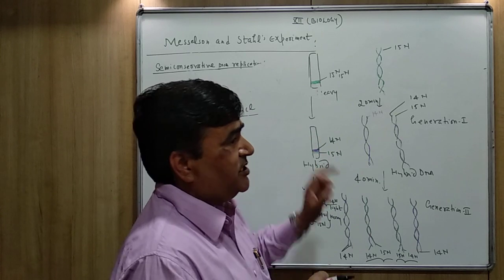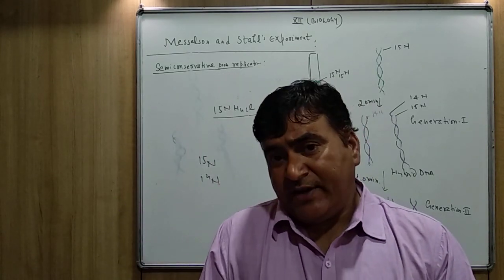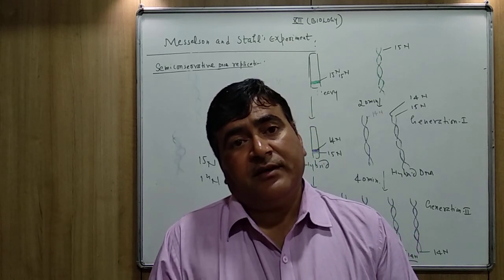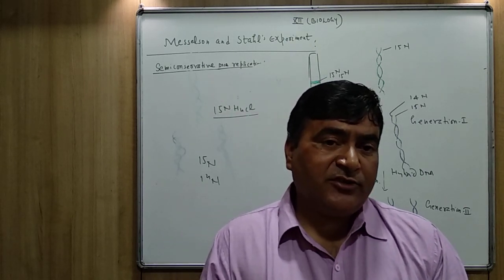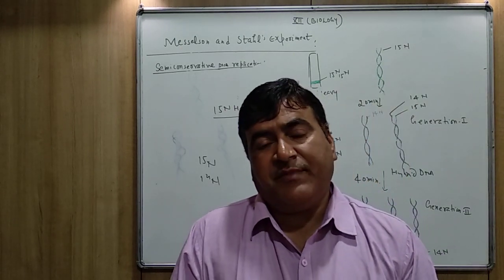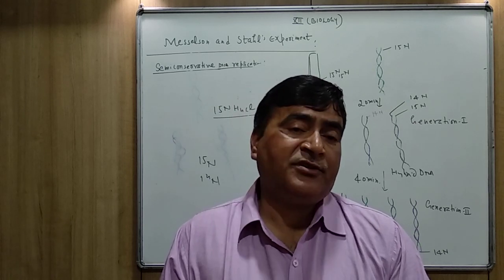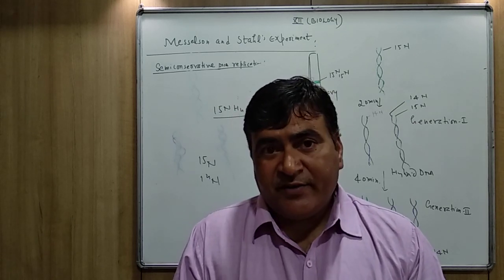And how did he observe it? He observed by centrifugation. In the centrifugation, he used cesium chloride density gradient, because cesium chloride is used for the centrifugation.